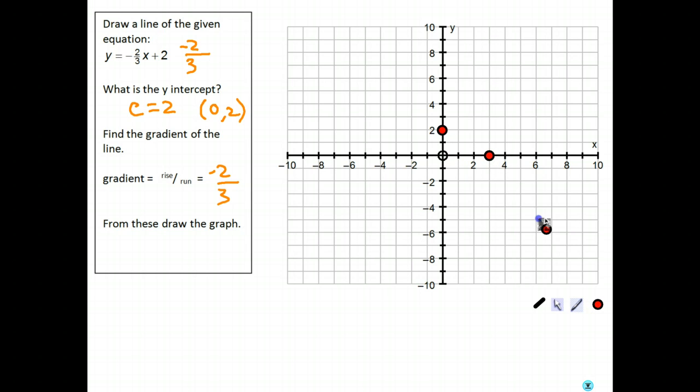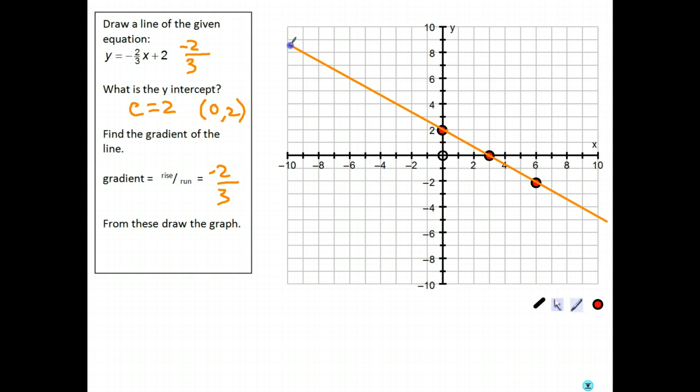And all the points need to lie in a straight line. So I think I'll skip my ruler and just use my straight line tool this time. It's almost faster to do that. And that's that way, and I'll go the other direction.